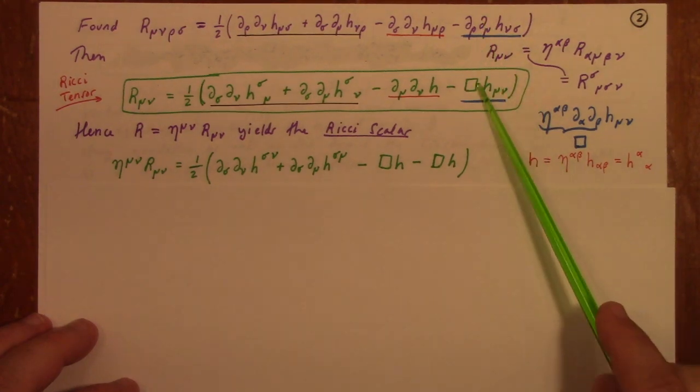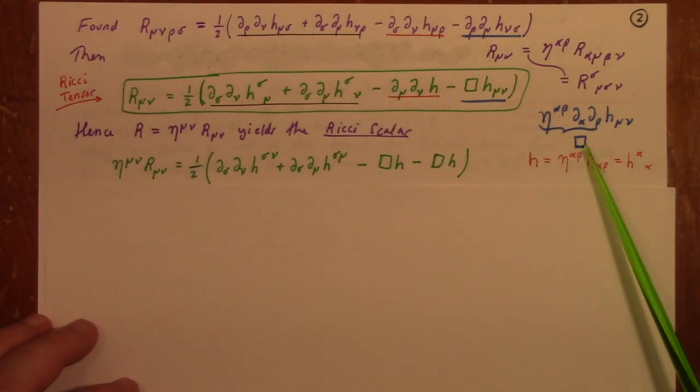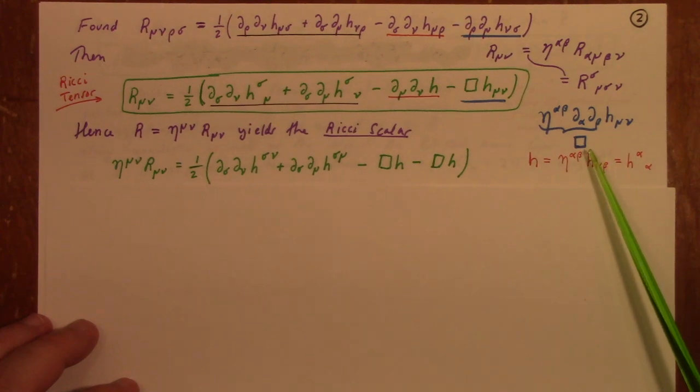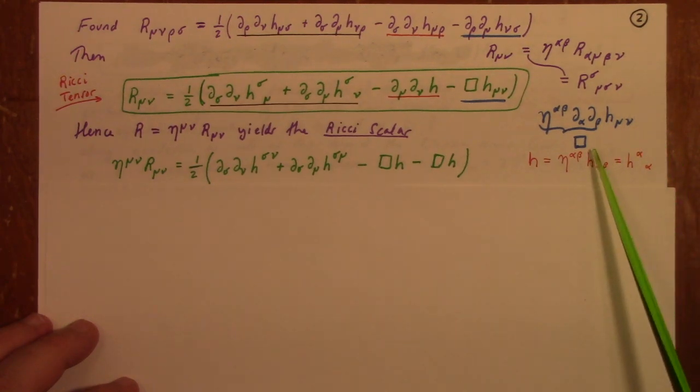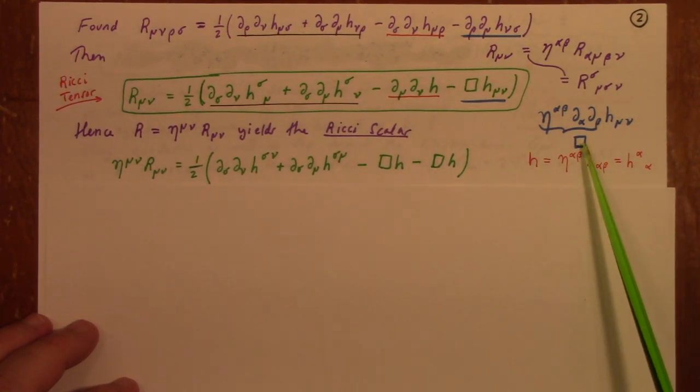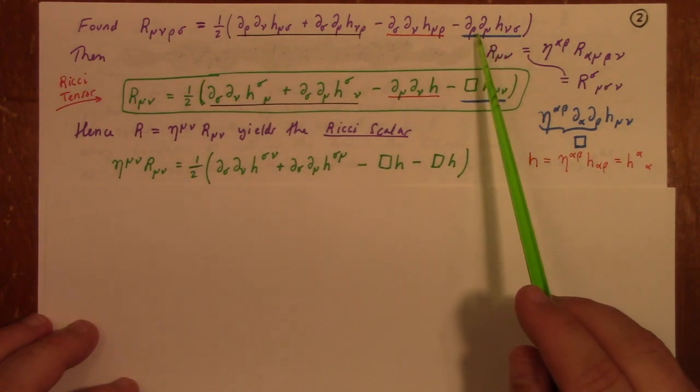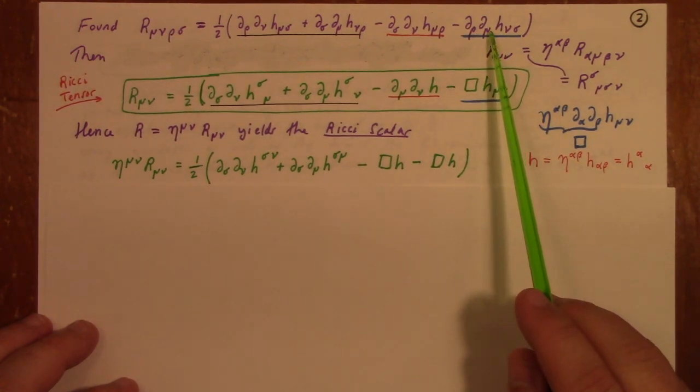So this gives us the D'Alembert, which is minus partial t squared, plus the Laplacian, the nabla squared, the partial x squared plus partial y squared plus partial z squared. Anyway, that second order differential operator, which we denote by box, is what comes from contracting the rho and the mu here.